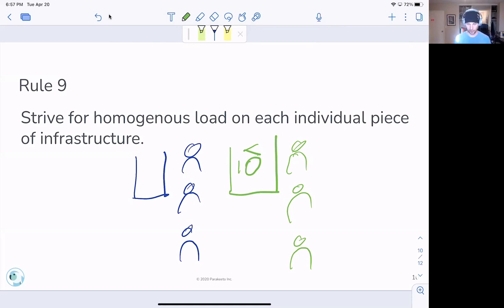The other reason is that if you start to segment your infrastructure so that each piece of infrastructure has more consistent, homogeneous hits on it, it is far easier to scale. It's often easier to tune, because you're dealing with more consistency in terms of the load that's hitting it. And often it's more predictable to scale as well.